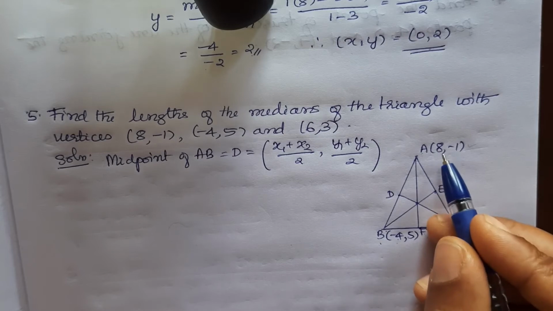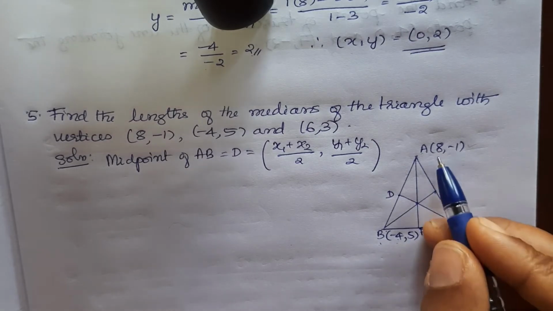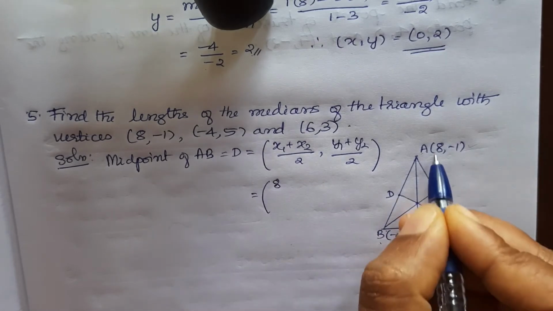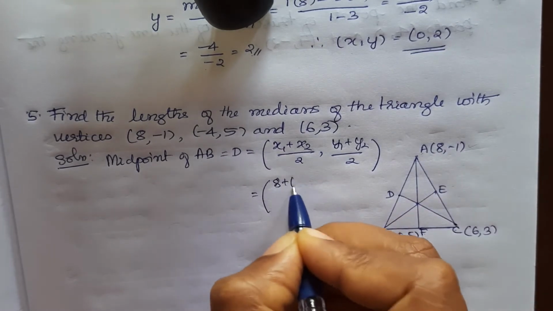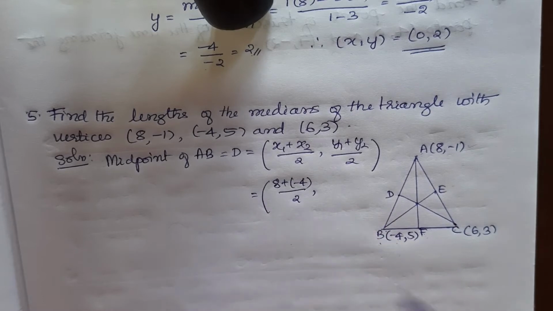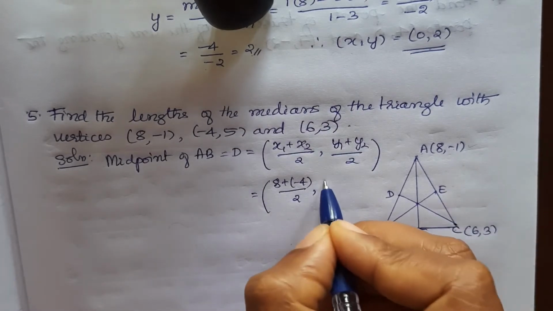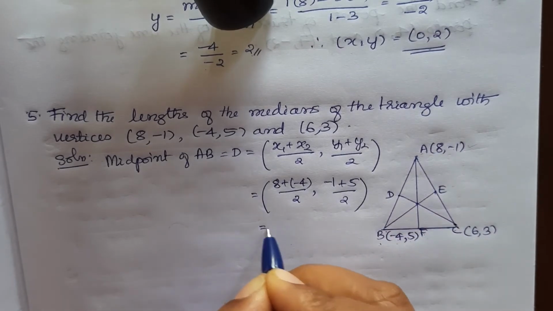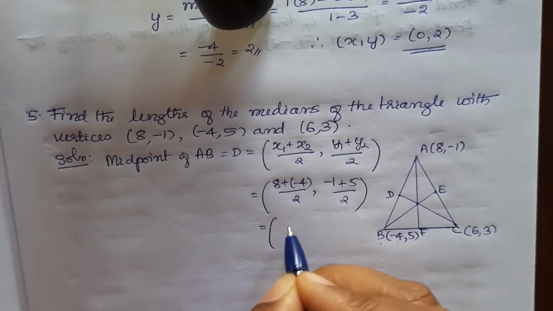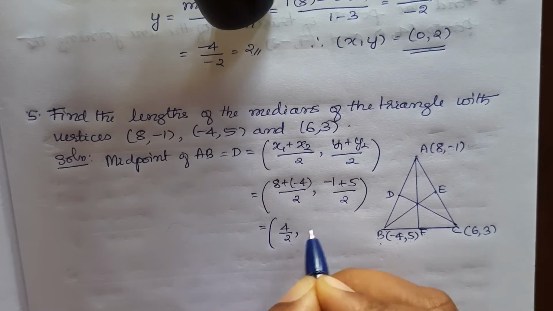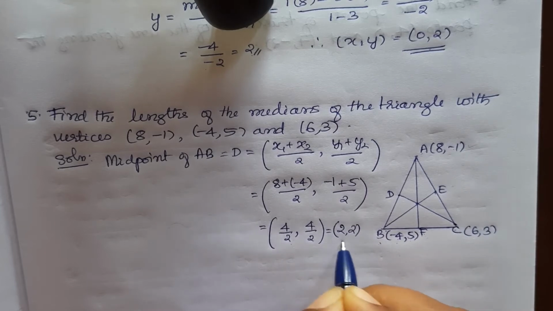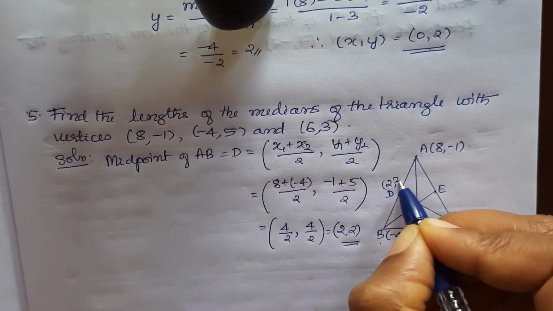What are x1 and x2? They are the x coordinates for A and B: x1 is 8 and x2 is minus 4. So this is (8 plus minus 4) divided by 2, comma (minus 1 plus 5) divided by 2. So the coordinates of the midpoint are 8 minus 4, that is 4 by 2, and 5 minus 1 is again 4, 4 by 2. 2 2s are 4. Therefore, the midpoint is (2, 2).